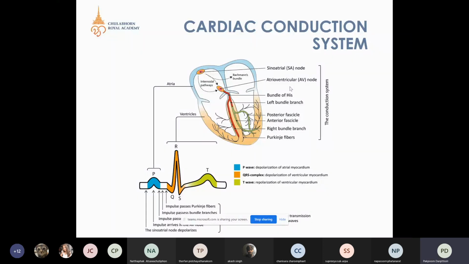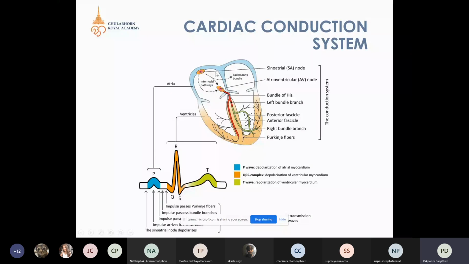After the SA node generates the electrical impulse, the electrical signal will spread through the right atrium via the internodal pathways to the AV node, and another pathway to depolarize the left atrium.